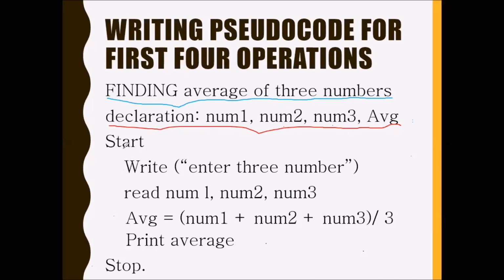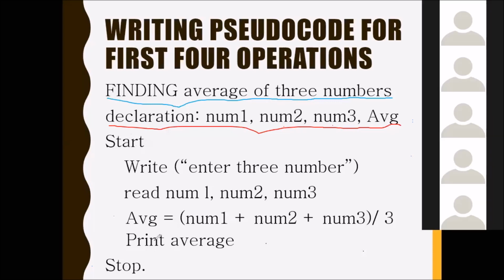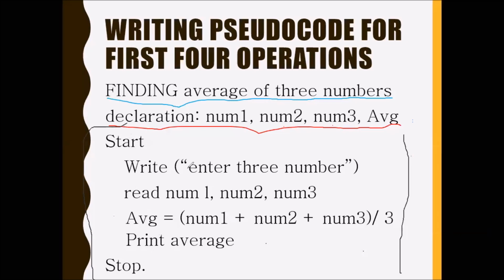The body of the algorithm must be enclosed within start and stop. So the body of the algorithm or program must be within start and stop. Good. That's the body. Here, we need to ask the user to enter the 3 numbers. So we're going to use the word write.